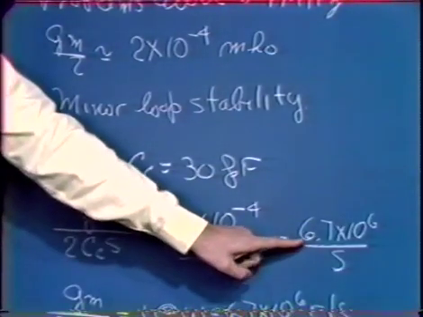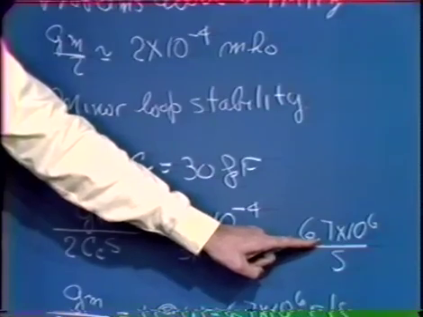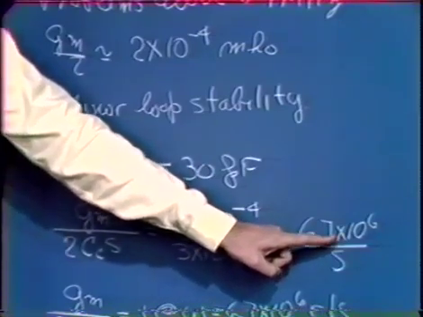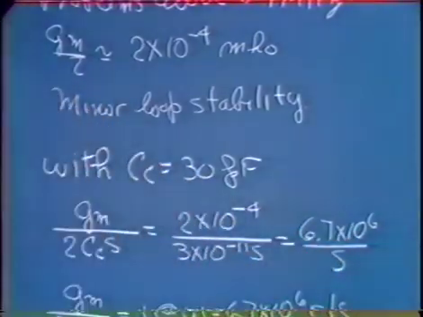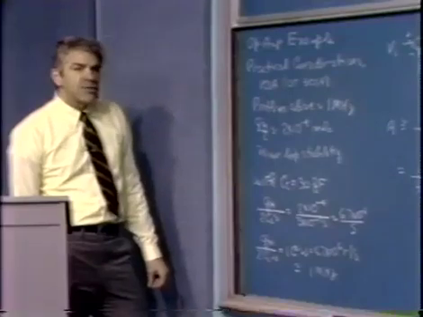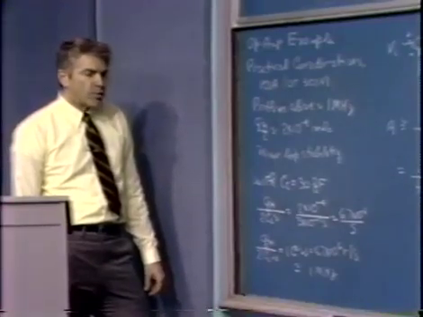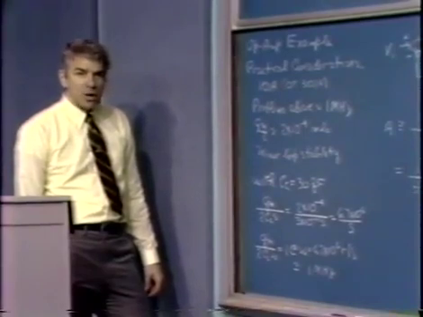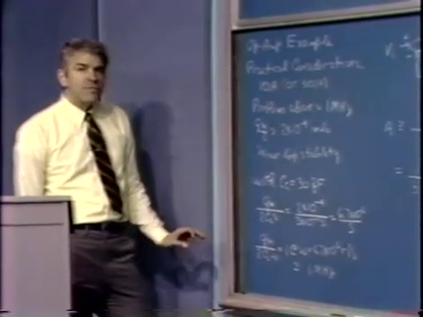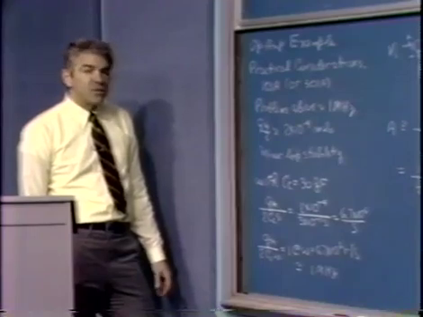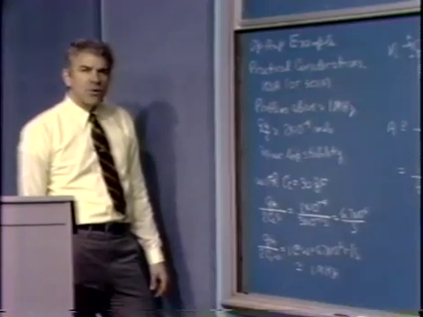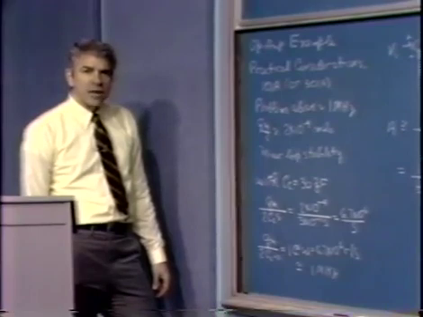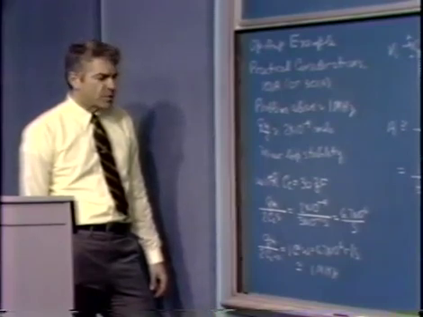And thus our approximation to the open loop transfer function is about 6.7 times 10 to the 6th over s. That transfer function actually holds over a range of frequencies that typically extends from about 10 hertz to roughly a megahertz. So here a 30 picofarad capacitor compensates the amplifier, dominating its performance over about a factor of 10 to the 5th to 1 in frequency.